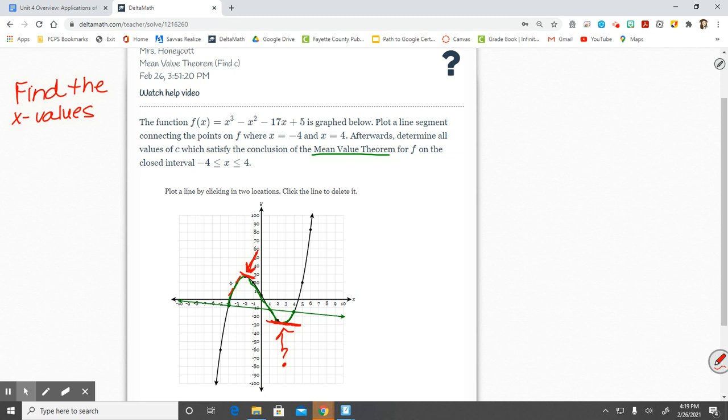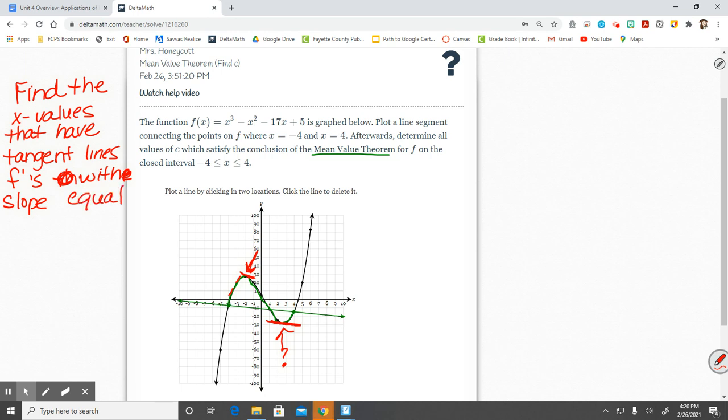So I'm going to find the x values that have tangent lines, in other words, the derivative, with the slope equal to the slope of this green line.